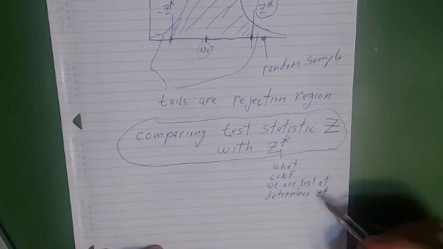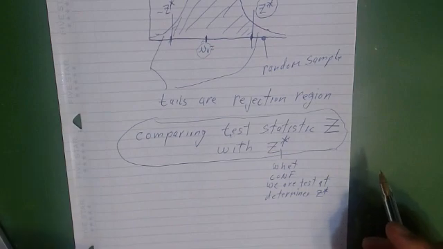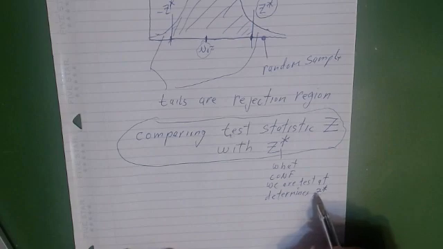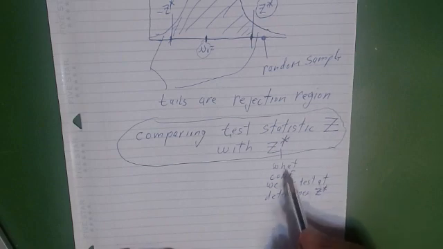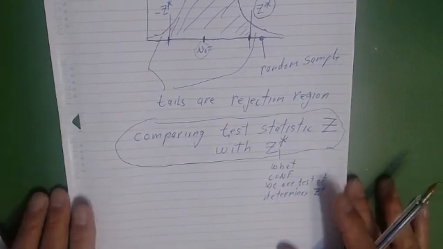It also determines T star, okay, but for T star, you also need to know the degrees of freedom to get the number for T star. So for T statistics, you have to know the number of degrees of freedom and the confidence level, and then you can look up in a table or use your calculator or computer and get T star. For Z, all you need is the confidence level because there's only one Z curve, okay?